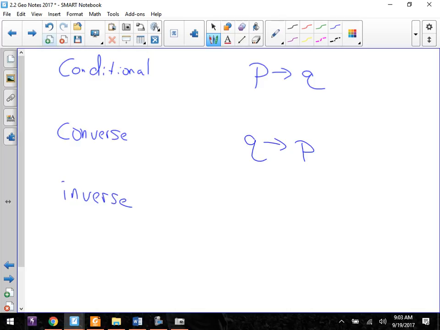An inverse is when you negate a statement. In order to negate a statement, what word do you have to put in there? What does negate mean?